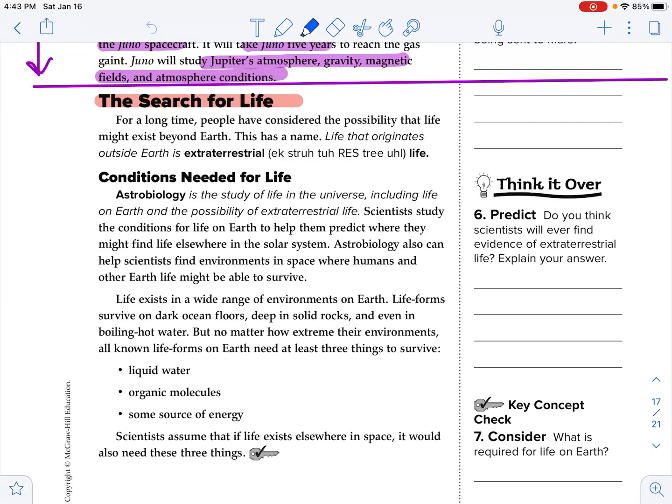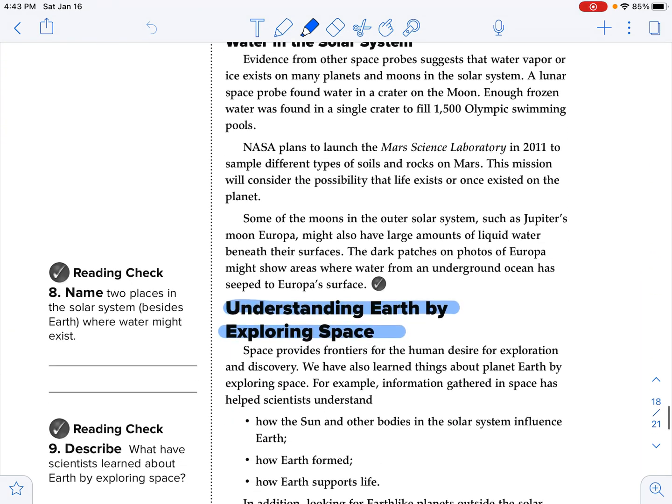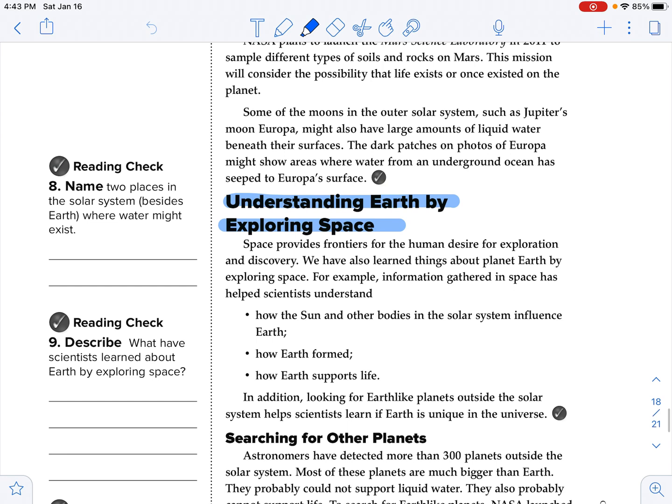Alrighty guys, let's go ahead and wrap up lesson 3 here. Before we get started, let's mark our text and our science notebook so that they coordinate. Go ahead and highlight the search for life in red, and then scroll down and highlight understanding Earth by exploring space in blue.